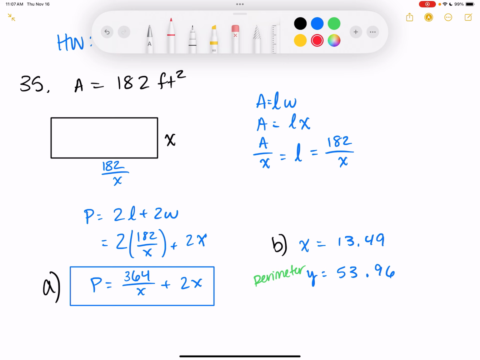I was thinking this was going to come out differently than it did, but this would produce a square, which is what would give you the smallest amount that you could have. Basically, if you squared 13.49, you'd get the area of that, which would be 182, rounded, obviously.